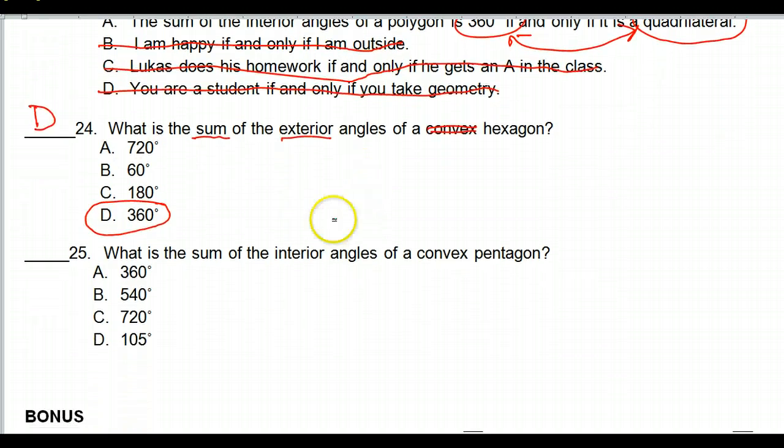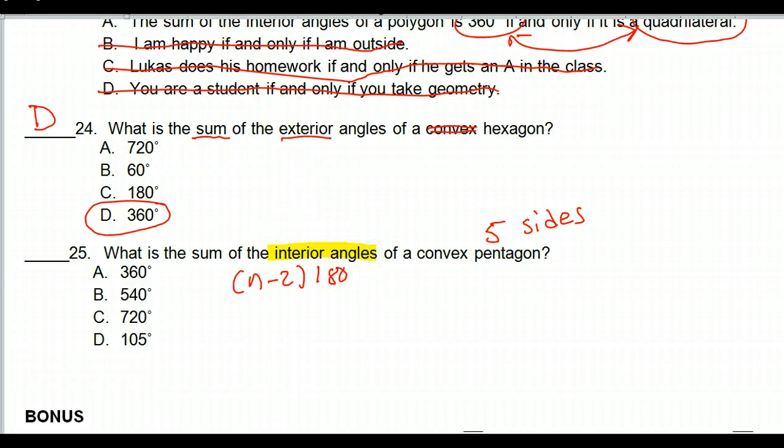What's the sum of the interior angles of a convex pentagon? Well, you got to know that a pentagon is 5 sides. So remember what I just told you up there about the n minus 2 times 180? That's how we do it for interior angles.